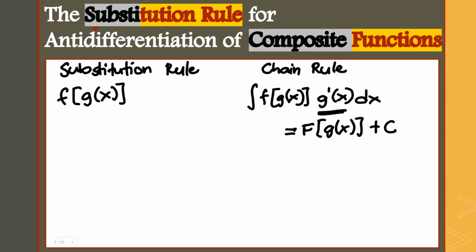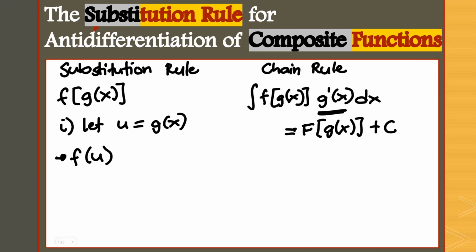What we need to do for the substitution rule is, first, we let u be equal to our g of x. If we let u be equal to g of x, our function may be described as f of u now. This means that our function will no longer be expressed in x, but will be described as a function of u.